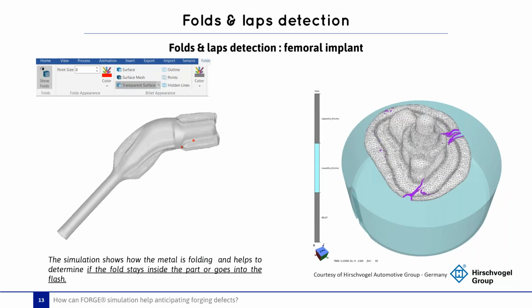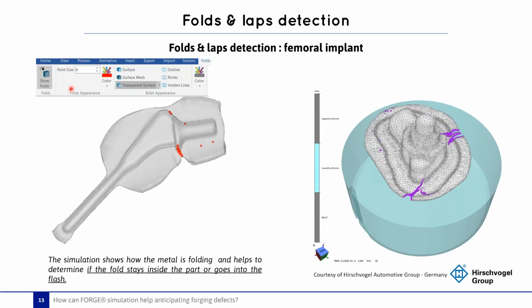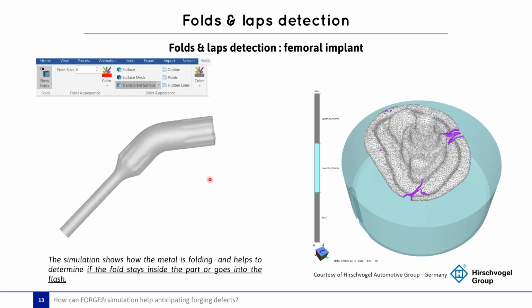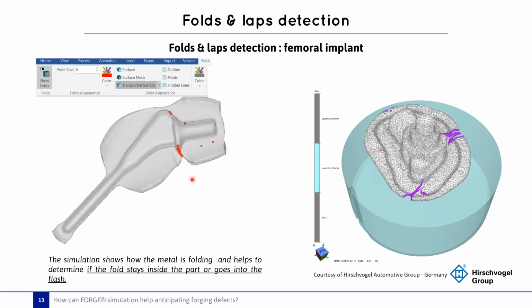To use this point tracking, you go to the ribbon and you click on the dedicated icon. We can see here that thanks to this feature, we can detect the apparition of the faults. In fact, points in red indicate where the material enters in contact with itself.